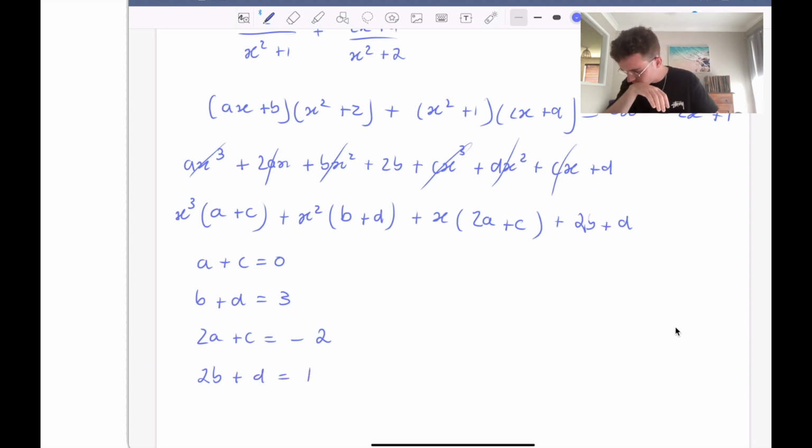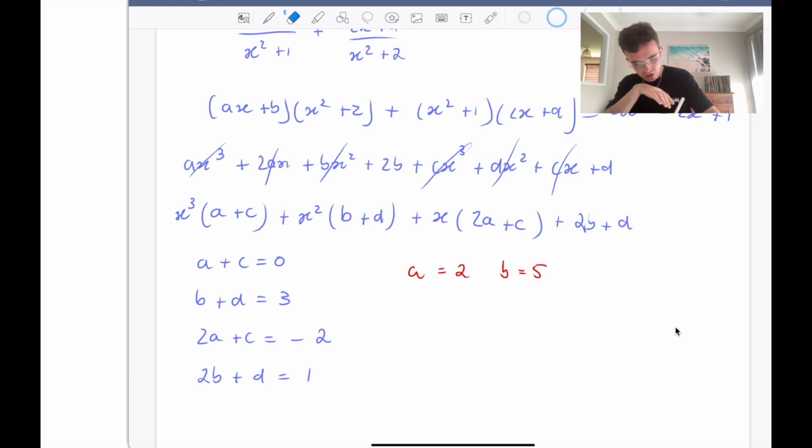Now if you have a go at solving those equations, 4 equations in 4 unknowns, you're going to get a equals 2, b equals 5, what else are you going to get? c equals -2, I think.